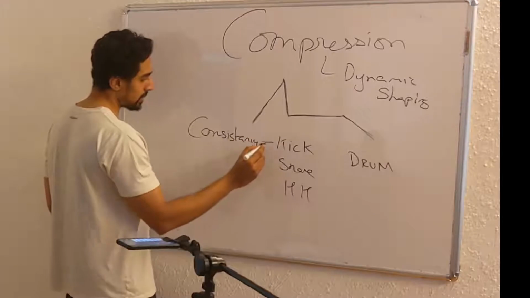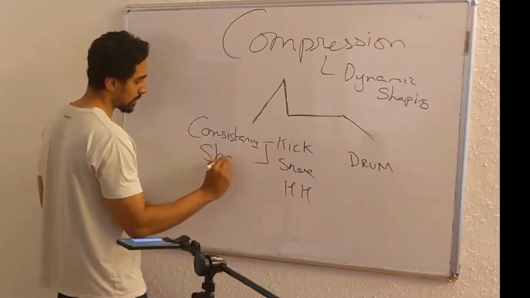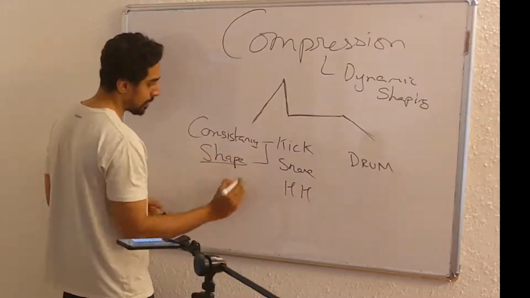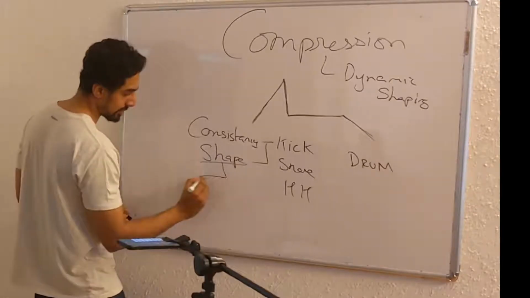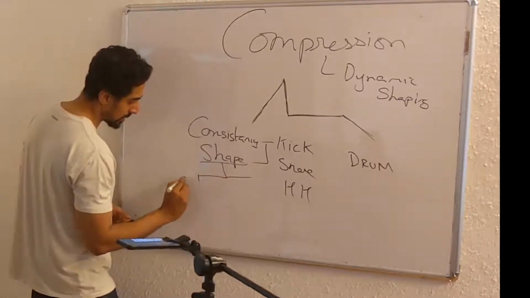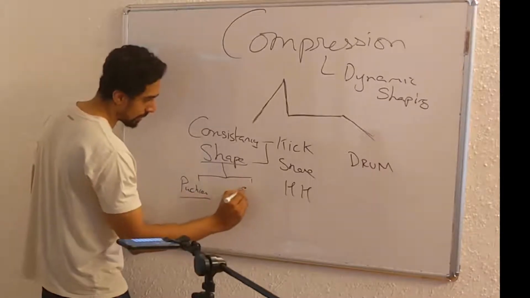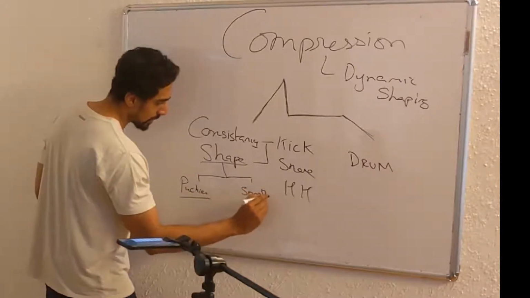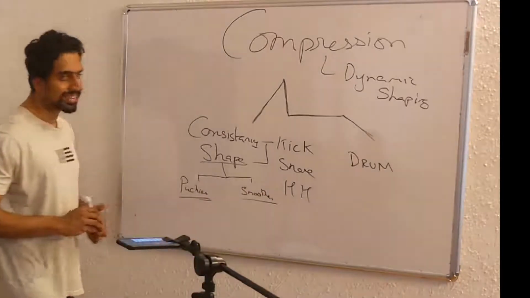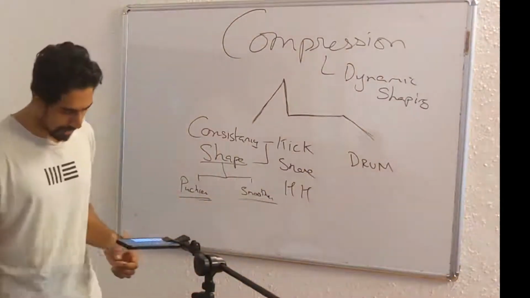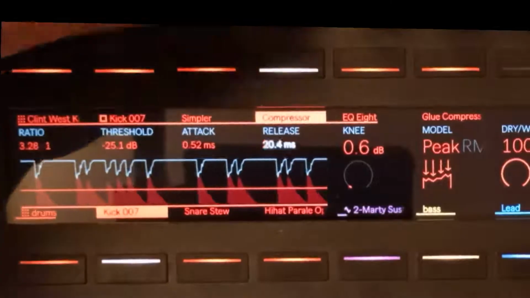The other way we can use the compressor is to change the shape of the sound. And we can change the shape in two ways. We can either make the track a bit more punchy, or we can make it a bit more smooth. We can achieve either of these by playing with the attack and the release settings.